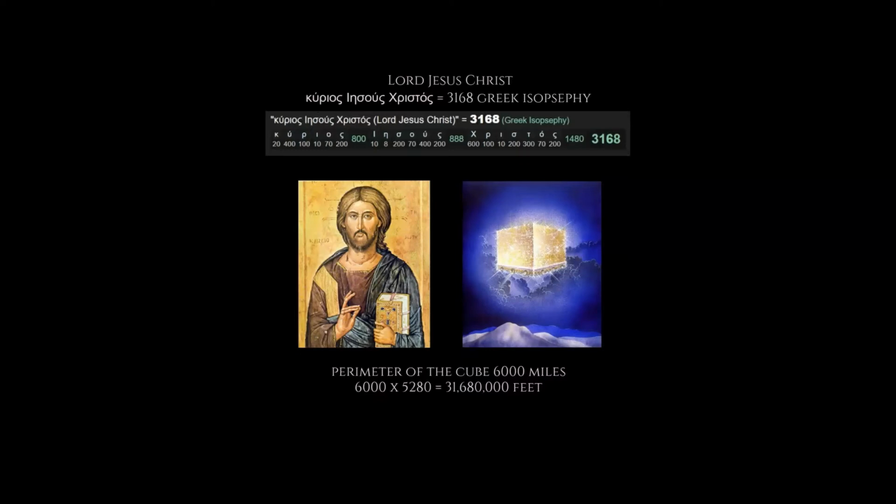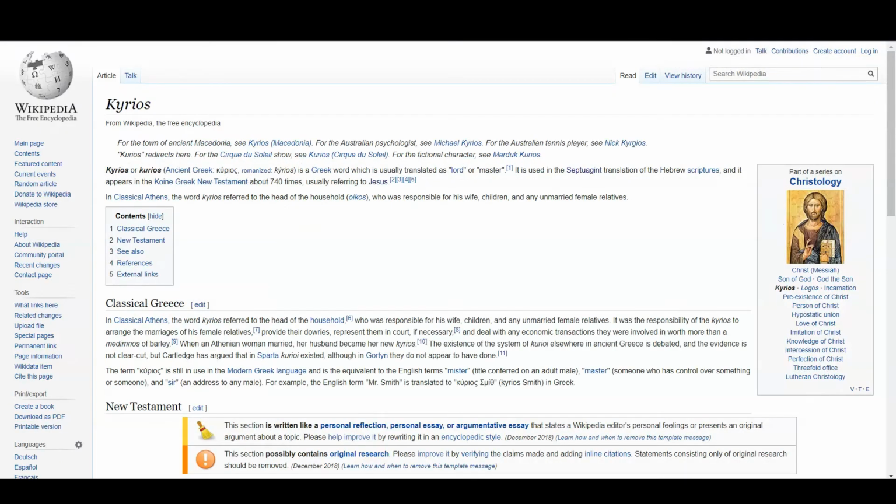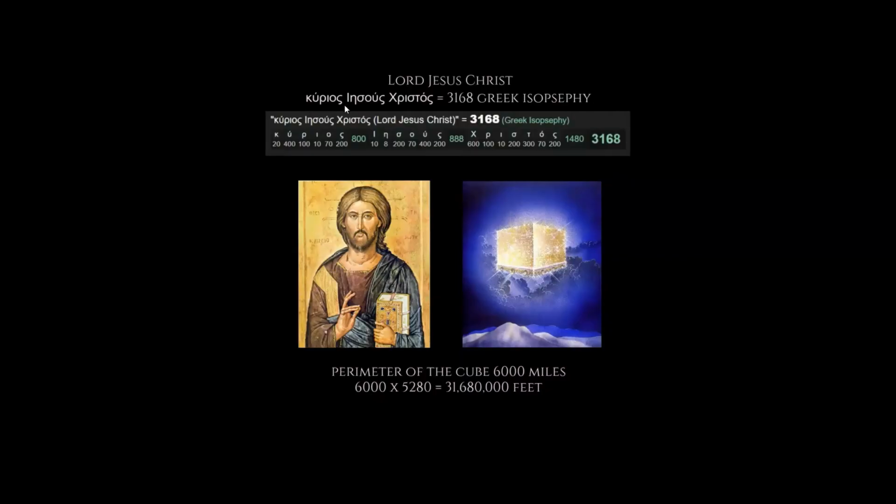You have to use the Greek word Kyrios, which means Lord or Master. You have to use this spelling of Lord in the Greek to get the 3168 here, because if you plug this into an English to Greek calculator, it won't quite match up. You need to use this spelling of Lord in the Greek isopsophy cipher here.